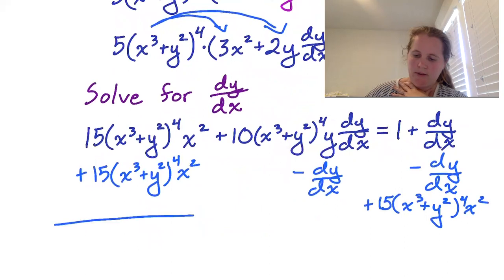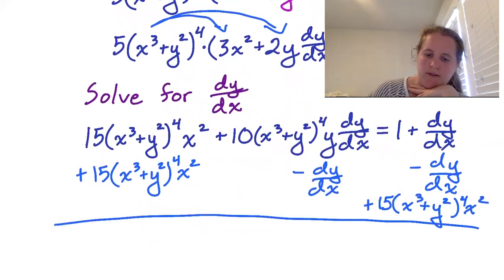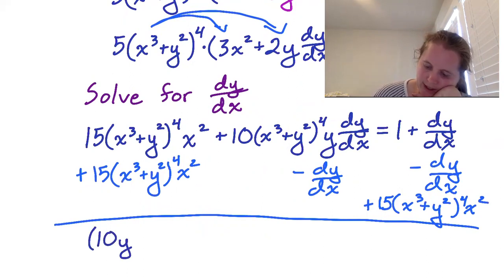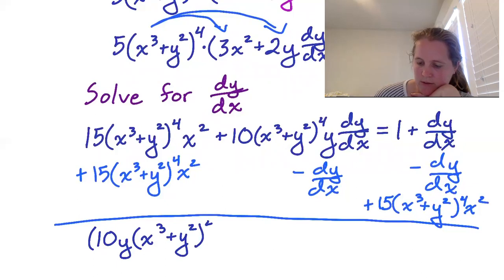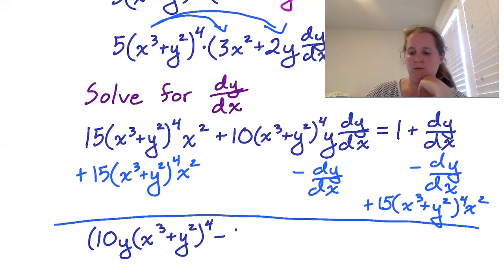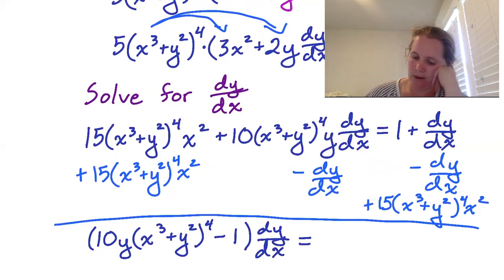And what we are left with on the left-hand side is 10y times (x cubed plus y squared) raised to the 4th power minus 1 copies of dy/dx. And on the right, we have 1 minus 15x squared times (x cubed plus y squared) raised to the 4th power.